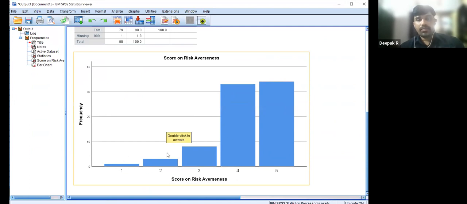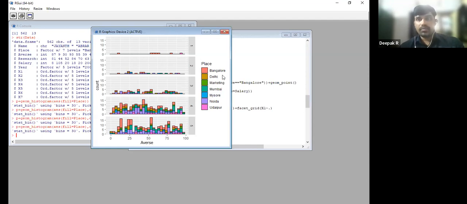Now, these plots, though relevant, don't give you much information. Rather, if you go for ggplot, it is now possible to understand the place each response comes from, as well as, on the risk awareness scale, what the various responses were.